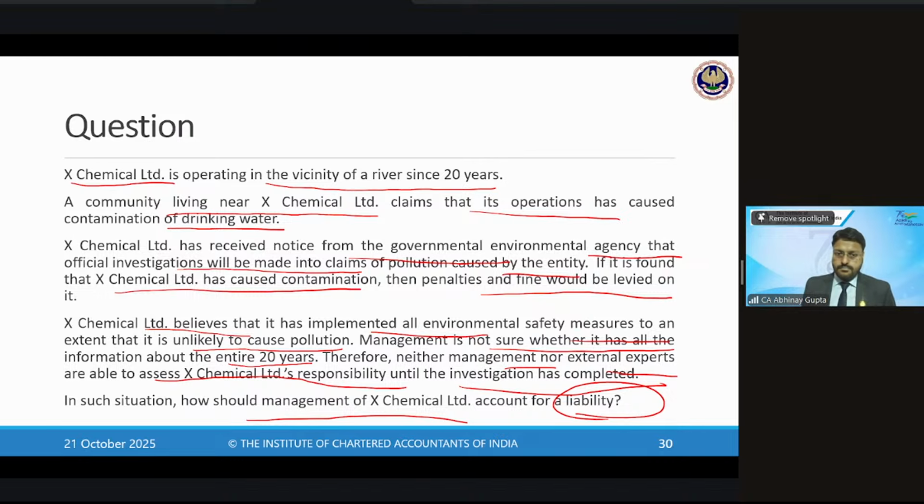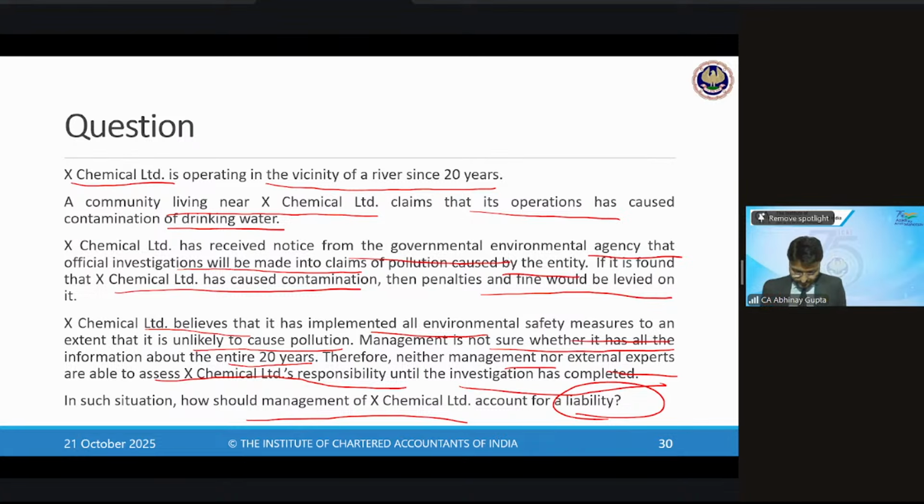So penalties and fines would be the obligation if found guilty. And that is dependent on the survey getting completed. The survey will take some time, right? The outcome of the survey is not in the hands of the company. So the obligation is present or possible?